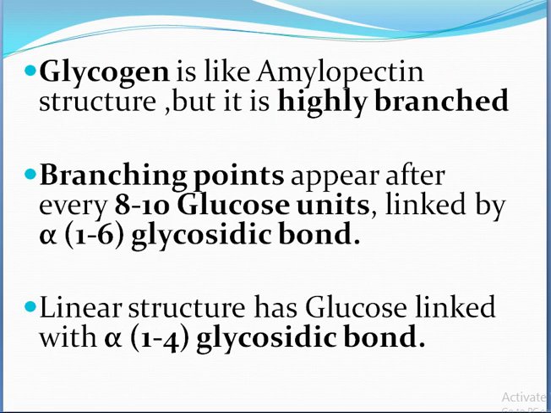You can see here that glycogen has an amylopectin-like branched structure. Branching points appear after every 8 to 10 glucose units, linked by glycosidic bonds, with branches connected at alpha 1 to 6 anomeric carbon. The linear structure is linked at 1 to 4, the same as starch.